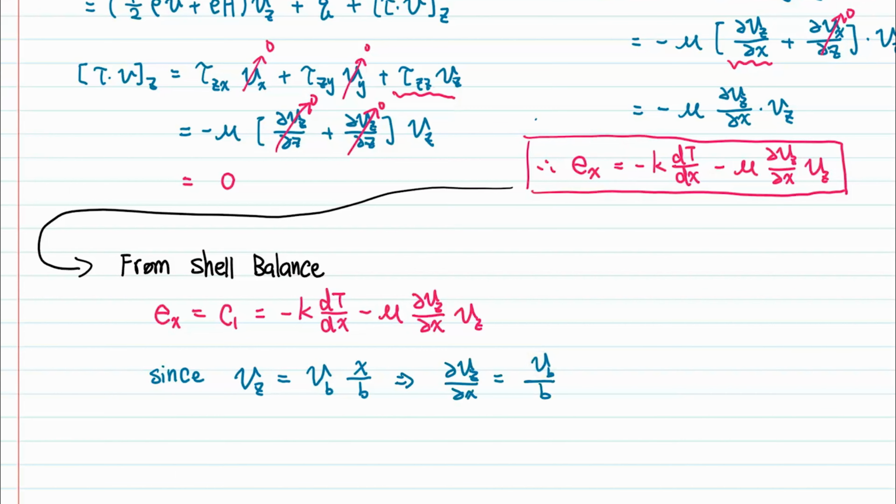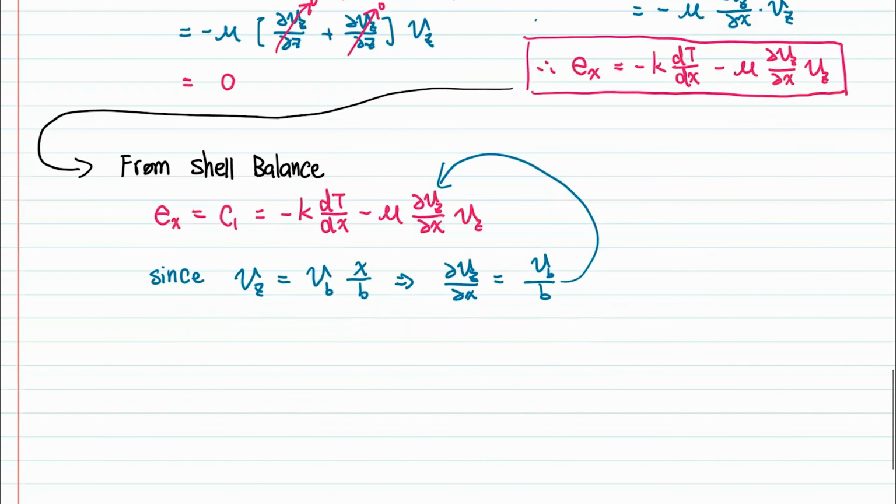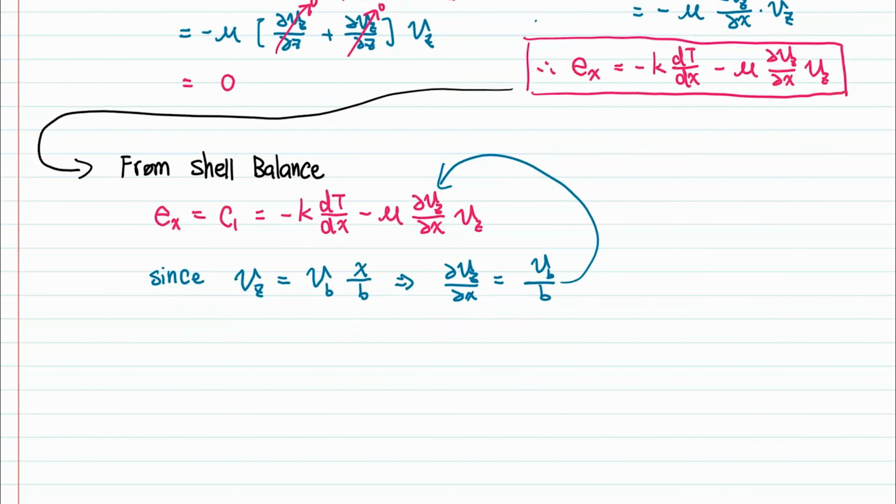We can plug this back in to get C1 equals negative k dT dx minus mu vb squared over b squared times x.